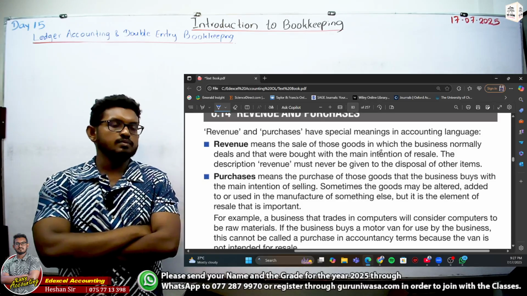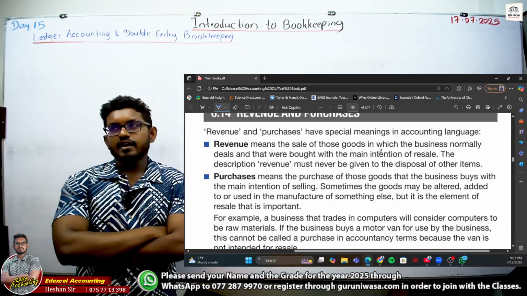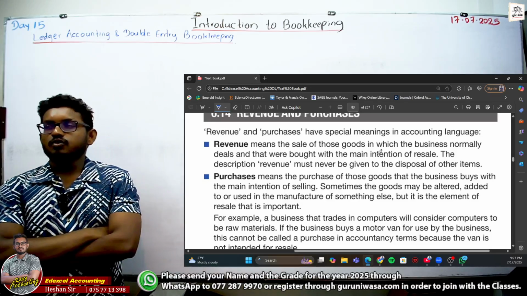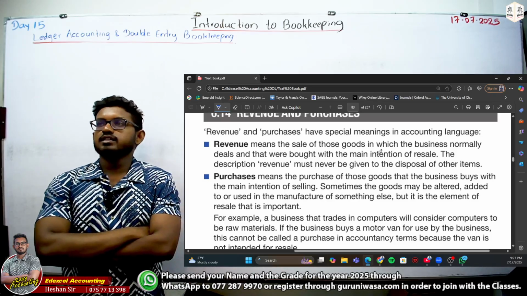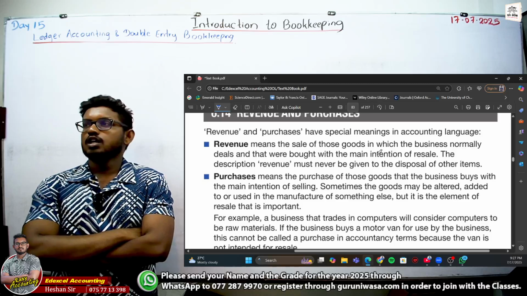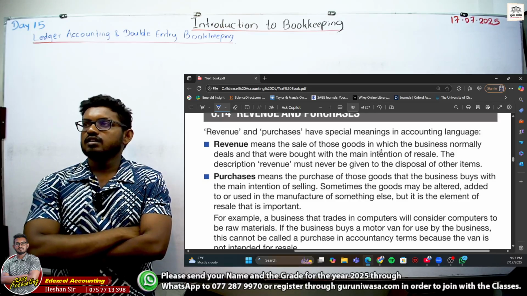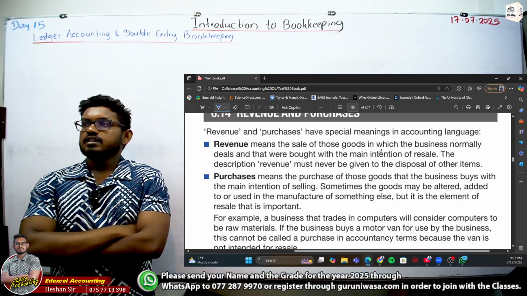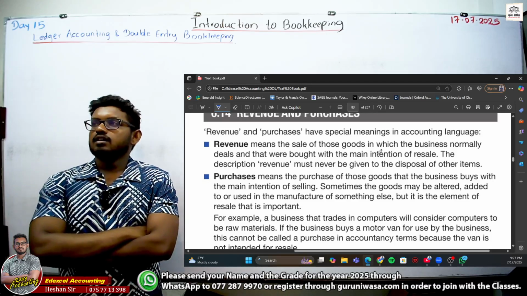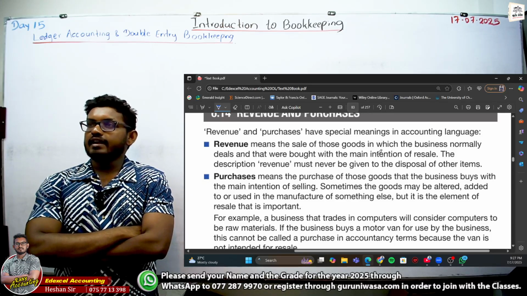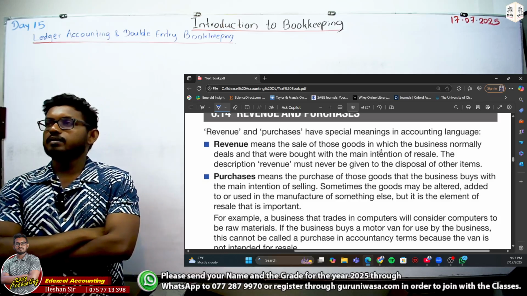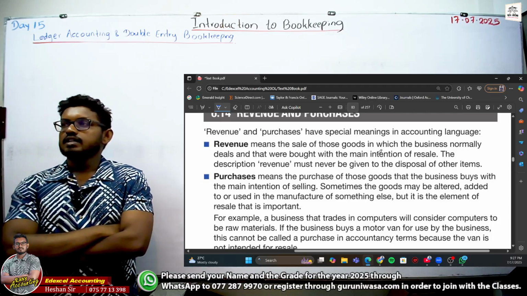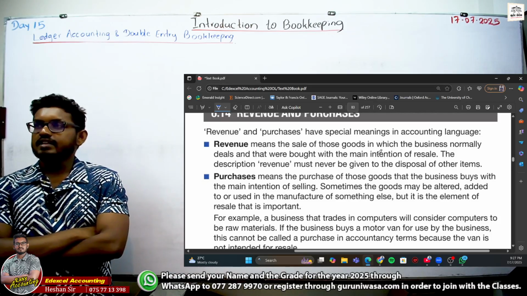Disposal means removing a non-current asset. So this is just for the stock sales, right? Purchases means the purchase of those goods that the business buys with the main intention of selling. Sometimes the goods may be altered, added to, or used in manufacturing something else, but it is the element of resale that is important.